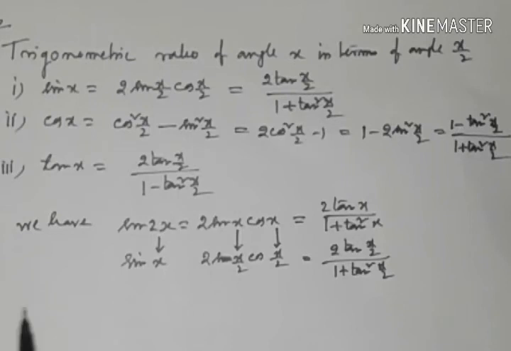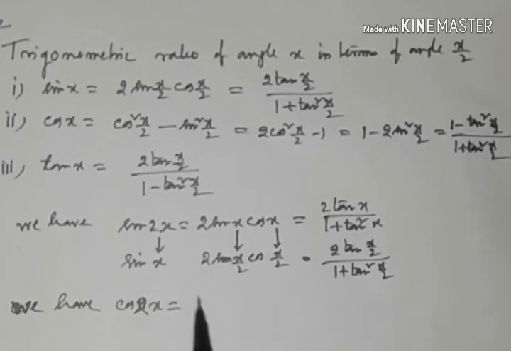We can prove it easily. Second one, we have cos 2x is equal to cos square x minus sin square x.